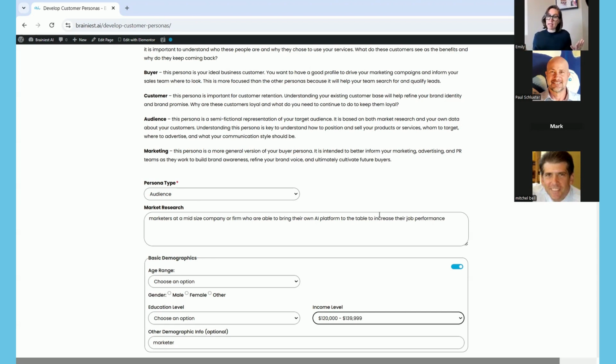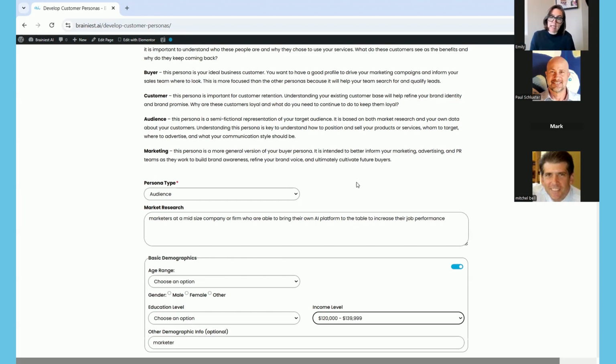It's not like I fill this out and it will create multiple customer personas for different segments of my target audience. I have to go through and do that myself. In our case, I'm up to four different customer personas to represent different segments of my target audiences.